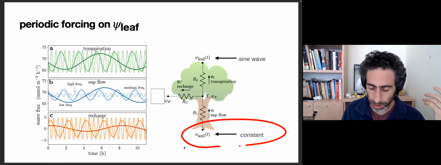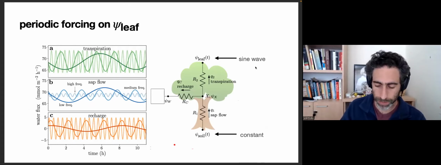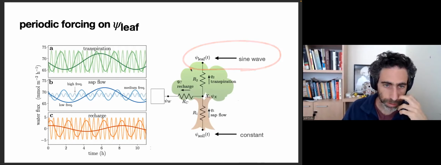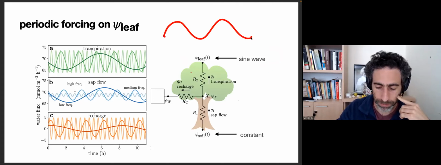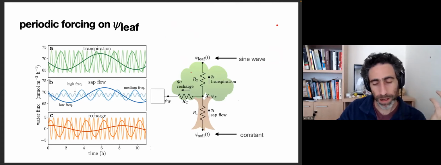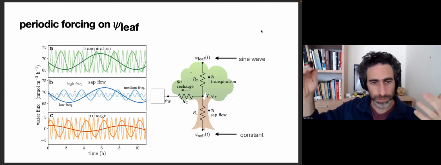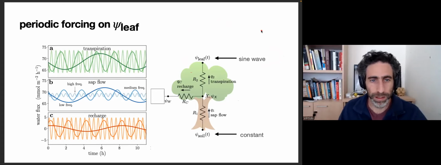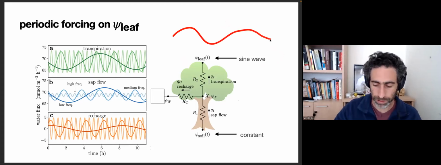So let's say the water content in the soil is kind of fixed in this short time span, and the water potential in the leaf will oscillate like a sine wave. Why a sine wave? Well, think of the diurnal forcing that the tree experiences from the atmosphere. It goes up and down and up and down. So it is like this.